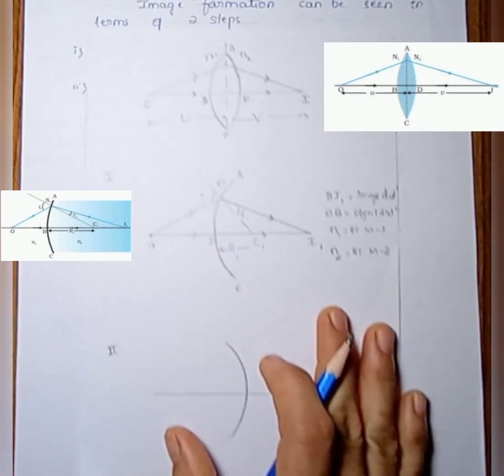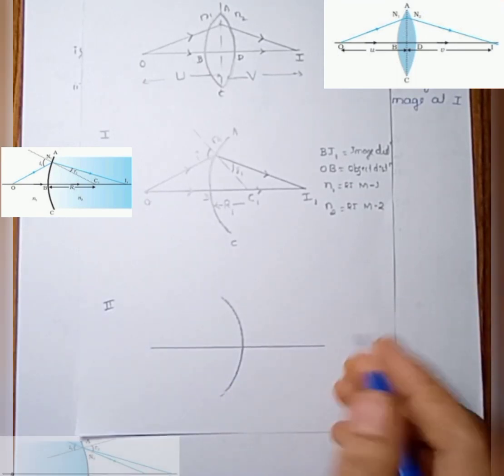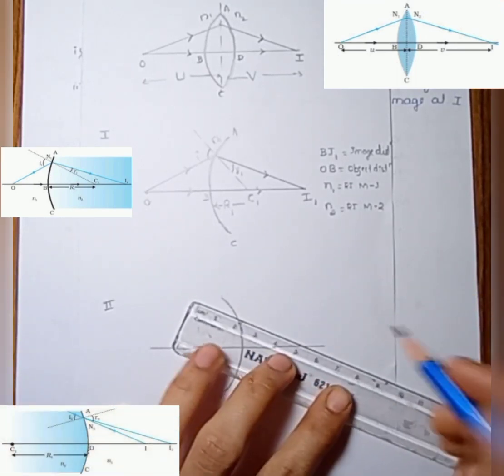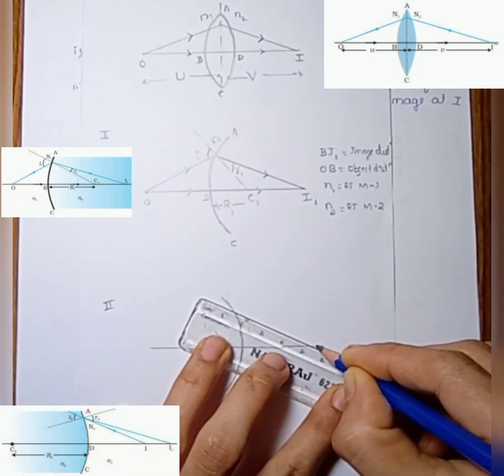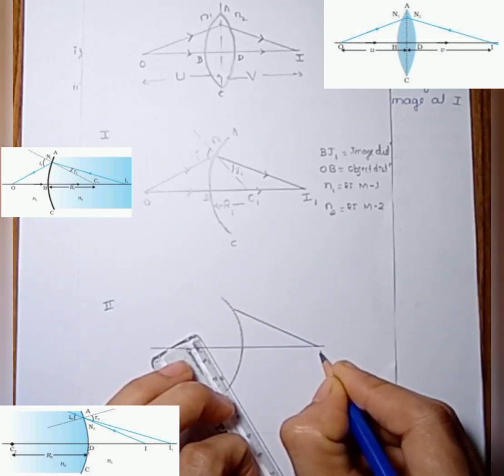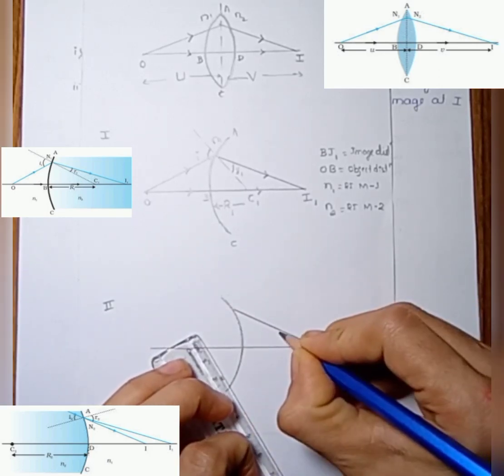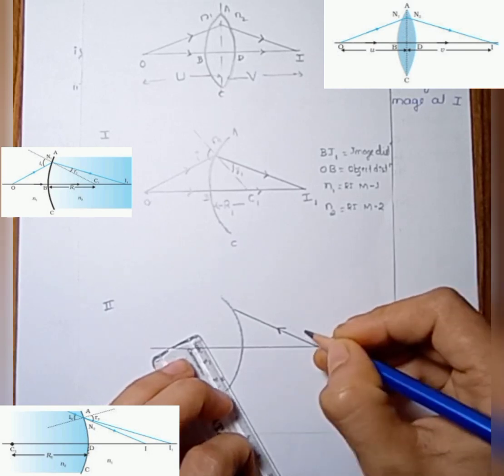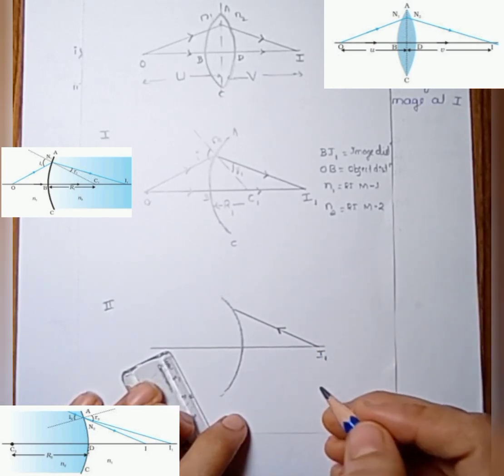In the second refracting surface, what happens? I1 itself acts as the object for the second refracting surface.